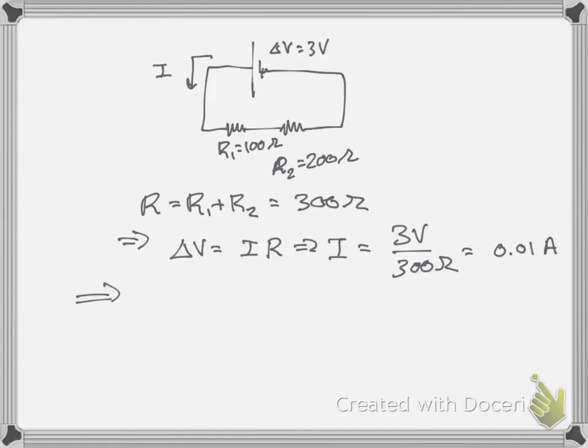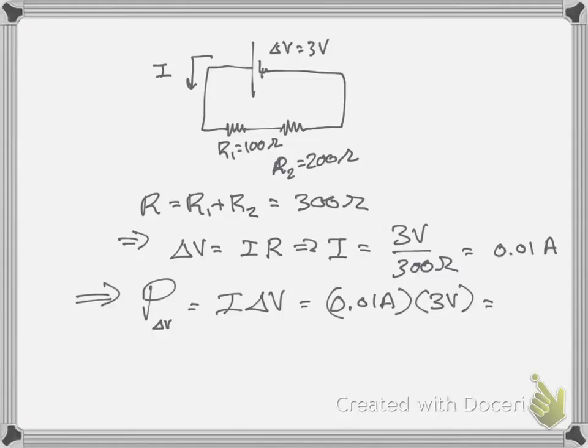So from that we can go immediately to the power supplied by the power supply, which is I delta V, the current from the power supply times the potential difference of the power supply. So it's 0.01 amps times 3 volts, which is 0.03 watts. Okay, that was what we figured out before. That matches. Good, check.